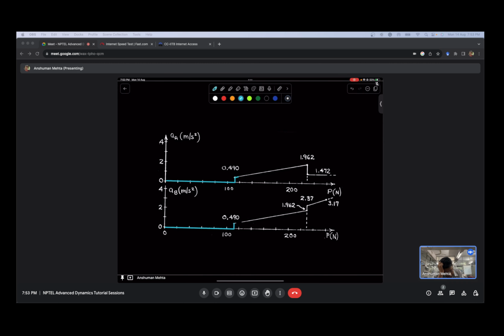Then there is a linear relationship, and after that again a jump, and then this become constant, but this keep on increasing to 3.7.